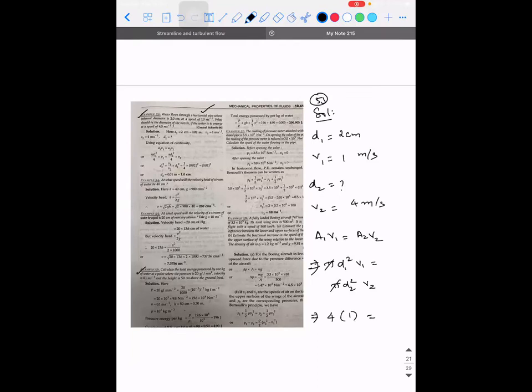See, actually it is not 4, it is 4 divided by 4. Why did I write 4 in the denominator? Because it is pi d1 square by 4, right?